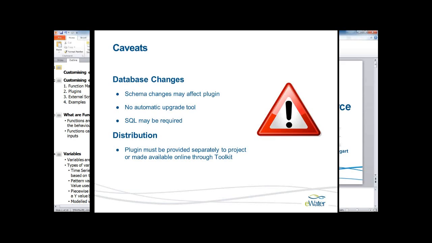You need to have a new version when we upgrade new versions of Source. So if you've got a project that depends on a particular rainfall runoff model plugin, and then in 3.7 you want to upgrade to 3.8, you need a new version of that same rainfall runoff plugin to be able to load your model in 3.8.